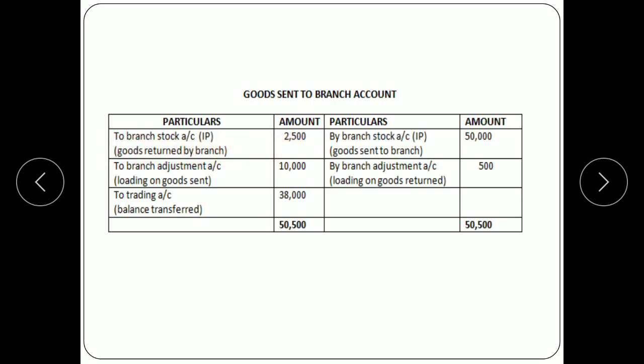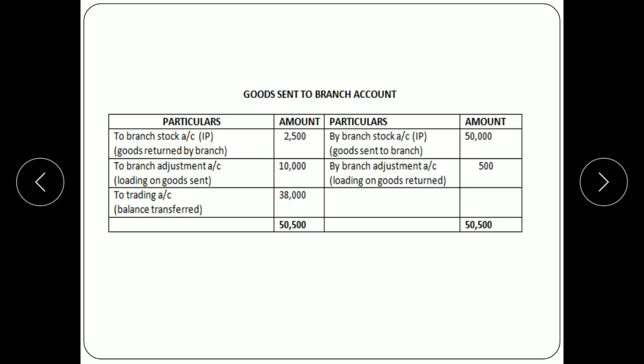Again, one more entry from branch stock account was by branch stock account, goods sent to branch, which was on debit side, has now been transferred on credit side, 50,000. So these are the values which were present in branch stock account, 2,500 and 50,000, that is the invoice prices.